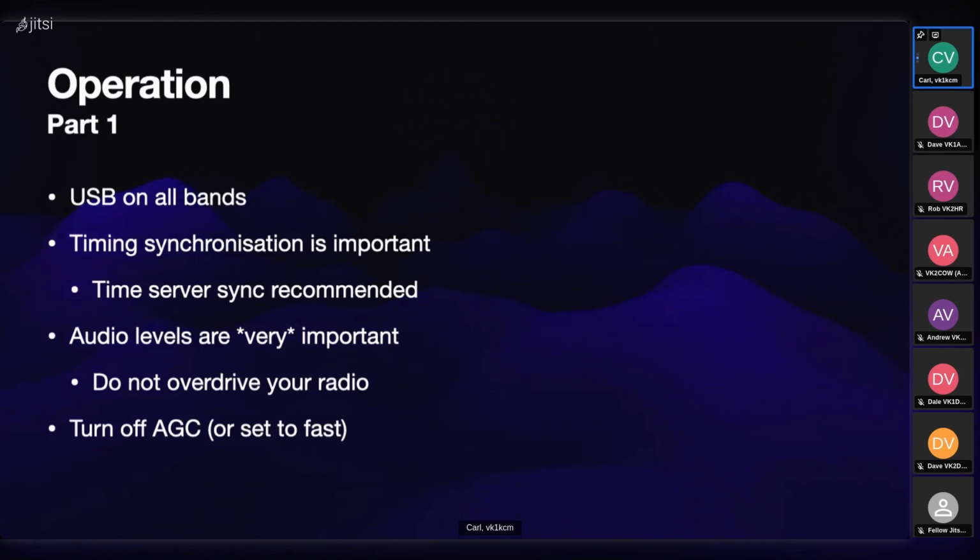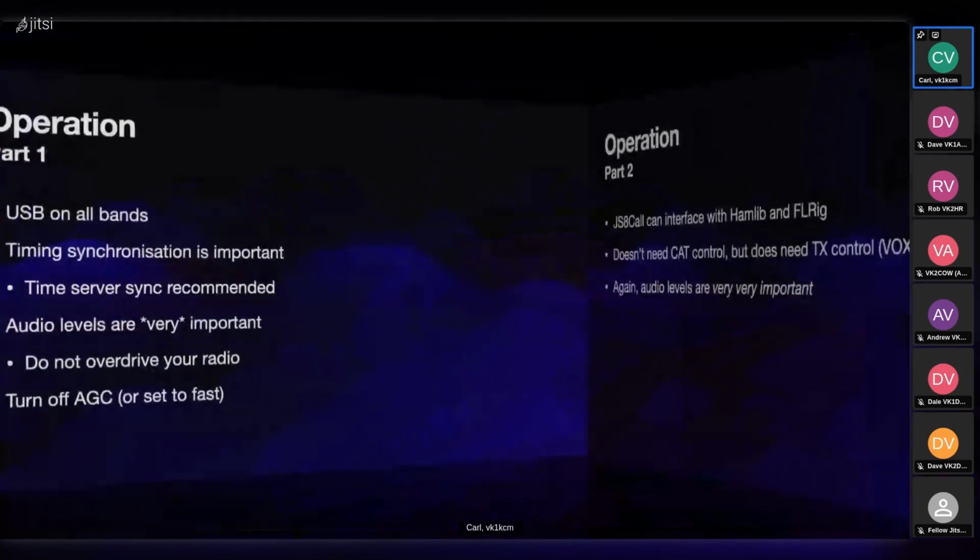For those of you with 100-watt radios, you're probably looking at about 25 to 30 watts, and you don't want to go anywhere above that. Otherwise, it'll cause issues. Any sort of distortion on the output signal makes your signal very hard to decode. And on receive, turn off AGC or set it to fast. You don't want it varying the levels of your signal that much.